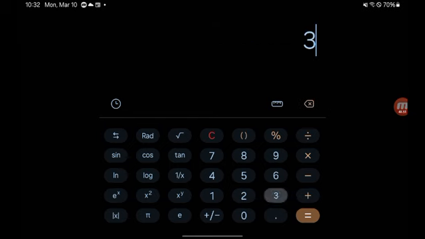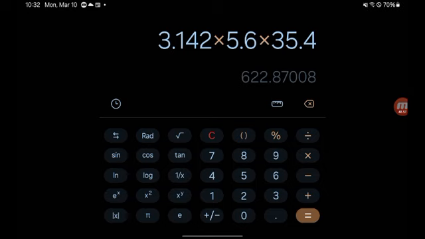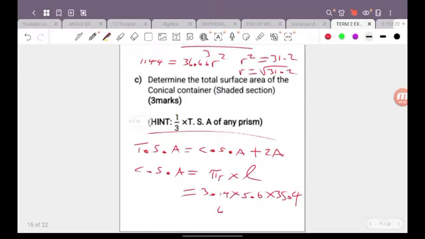So we have 3.142 times 5.6 times 35.4. We're going to get a curved surface area of 622.87. Alright, and that is the surface area of the prism.